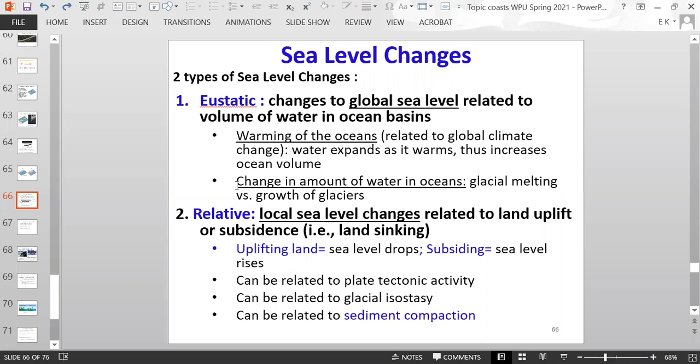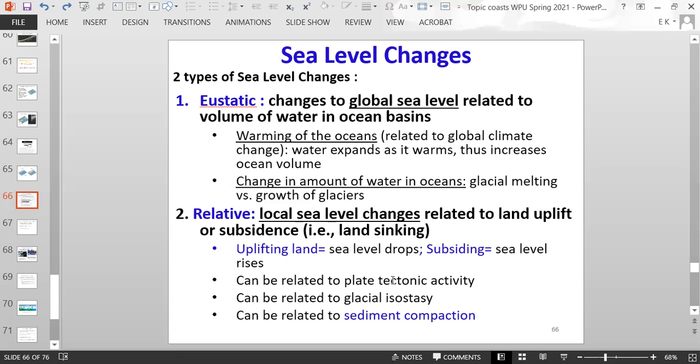Then also, we actually add water to the oceans by having glaciers melt. And if you have glaciers growing, then you actually have a lower sea level. But in our present day Earth situation, we have glaciers melting.